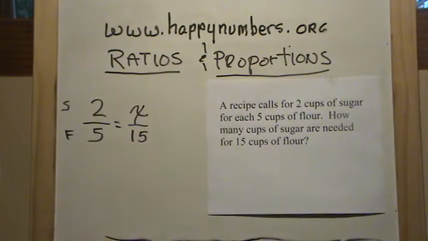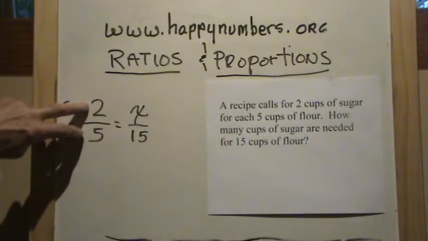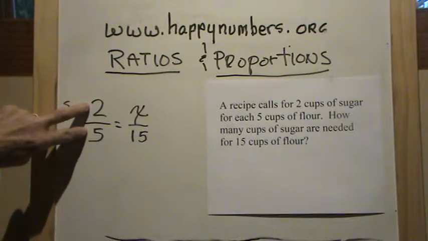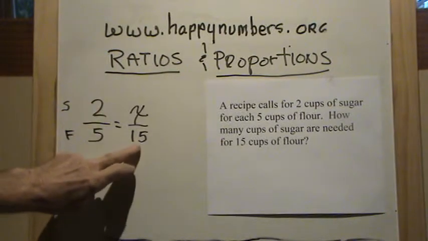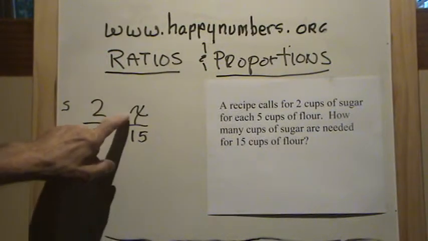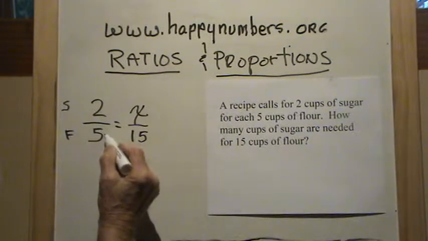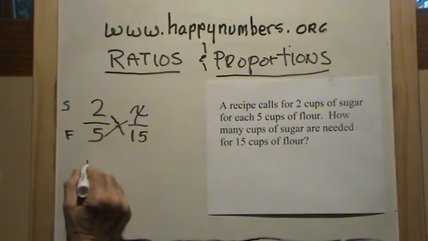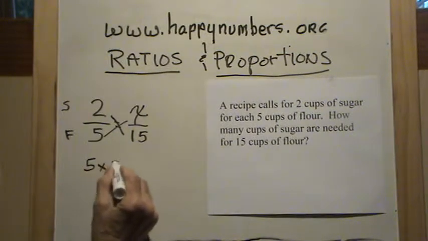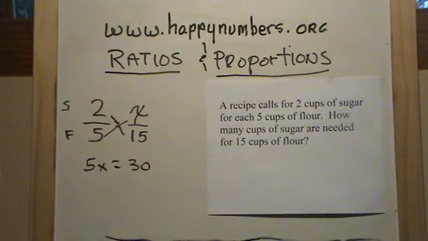So we have a recipe that calls for 2 cups of sugar for every 5 cups of flour. But we want to expand our recipe. So we want to use 15 cups of flour. Then how many cups of sugar? Well, again, the cross products will be equal. So 5 times X will be 5X equals 5 times 15, which is 30.